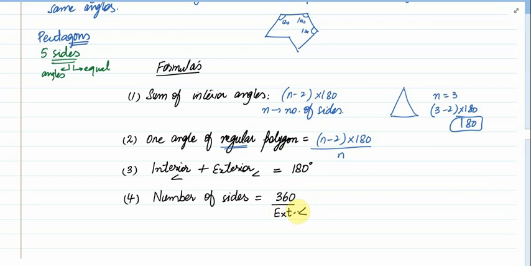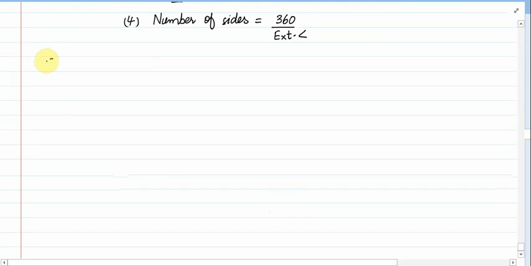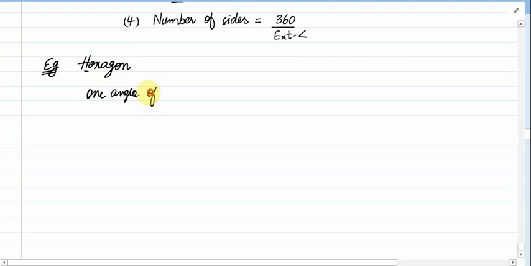Alright, so let's suppose we have a shape, for example a hexagon, and I need to find one angle of the hexagon. Now a hexagon is a shape which has 6 sides, right?